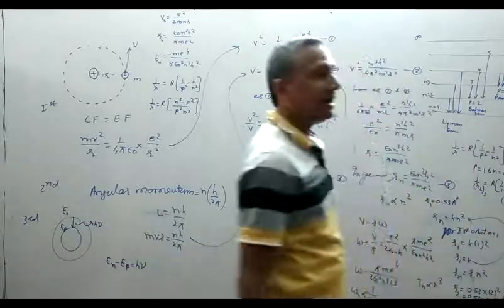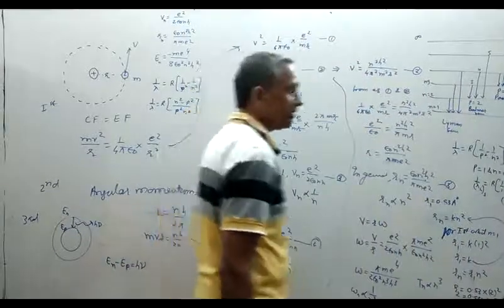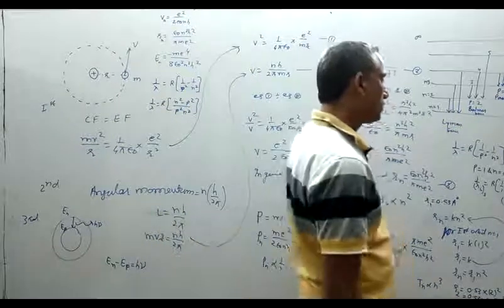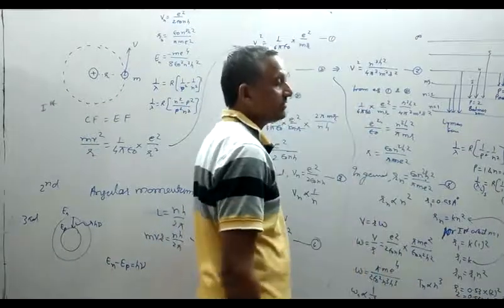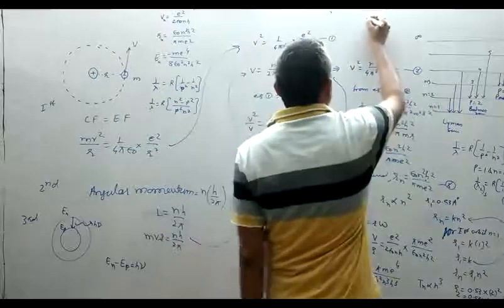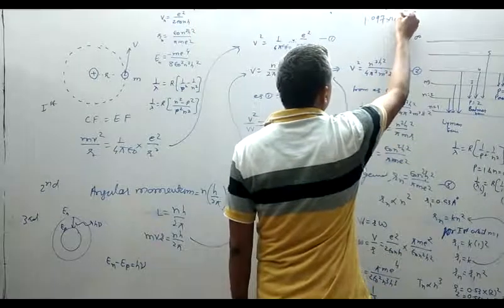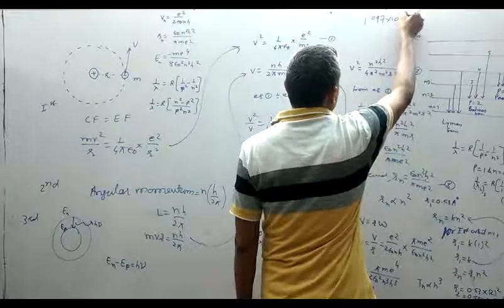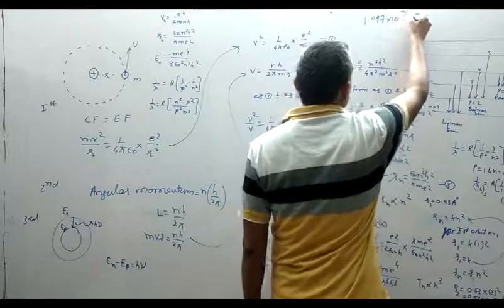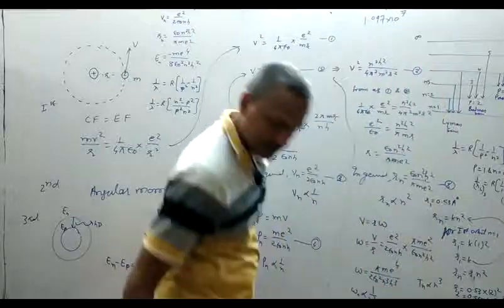But we know that R is the Rydberg constant, and its value is R equal to 1.097 into 10 to the power 7 per meter. This is the constant value.